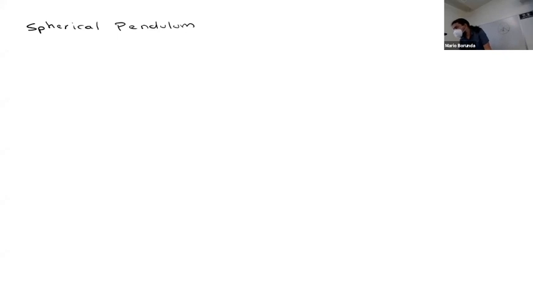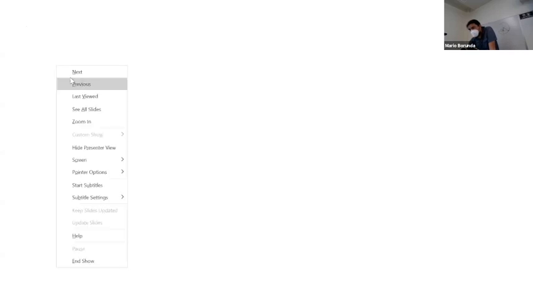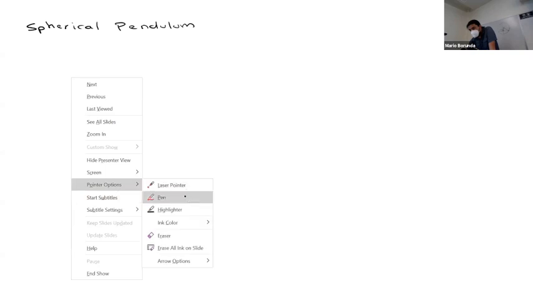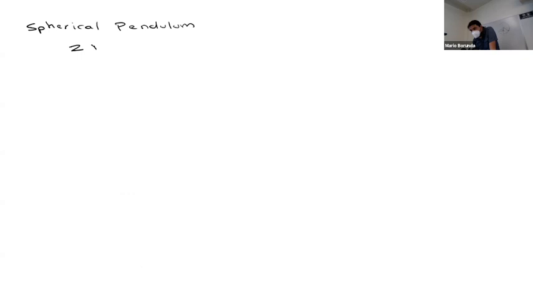So let's go back to the spherical pendulum. It has 2 degrees of freedom. We have theta and we have phi. So 2 degrees of freedom, theta and phi. Theta can go from 0 to pi, in our units.